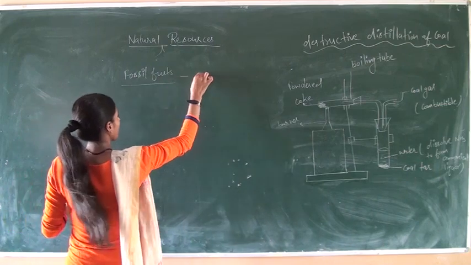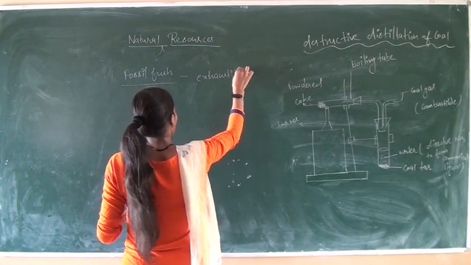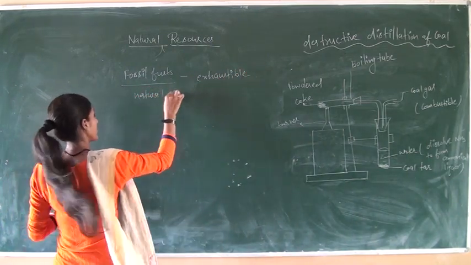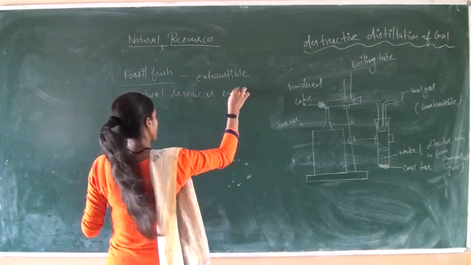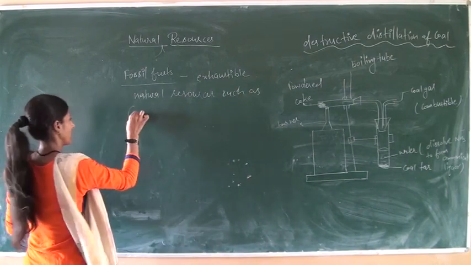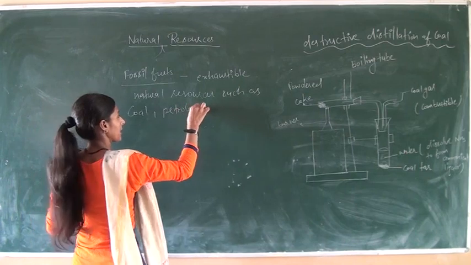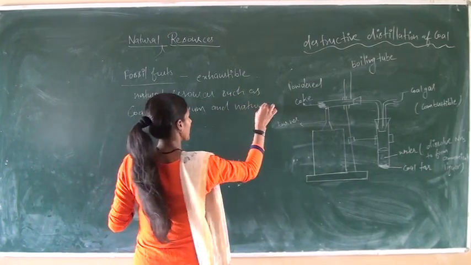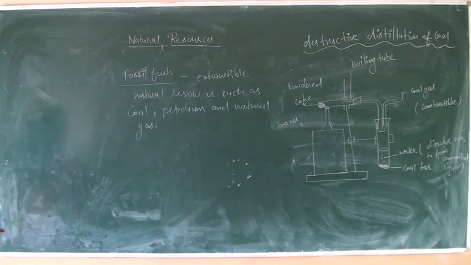Fossil fuels are exhaustible natural resources such as coal, petroleum and natural gas.